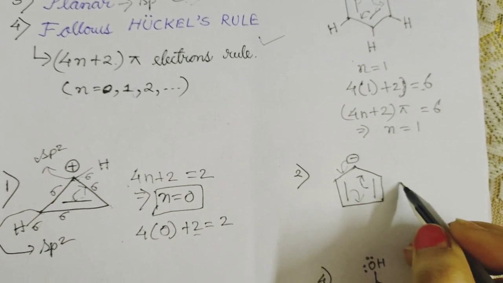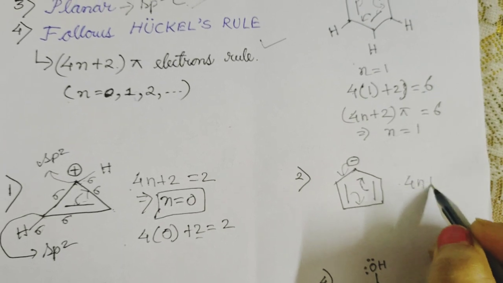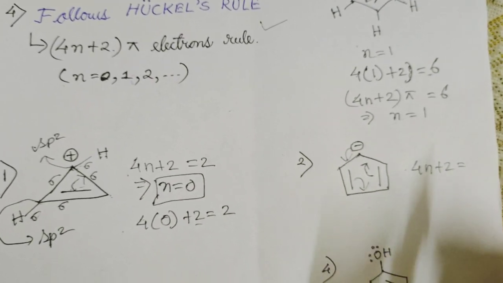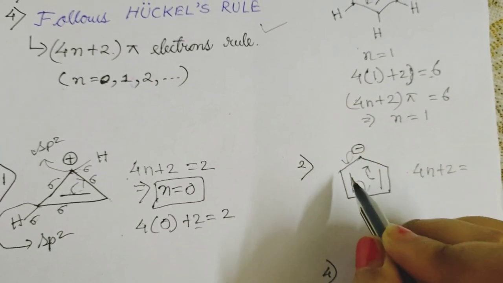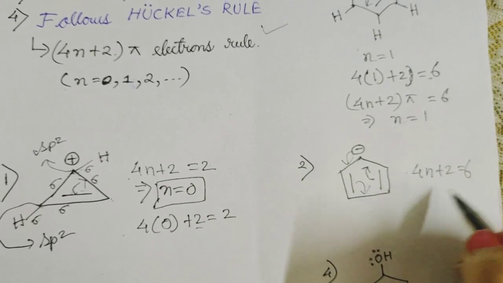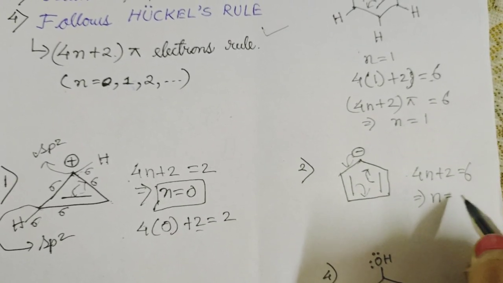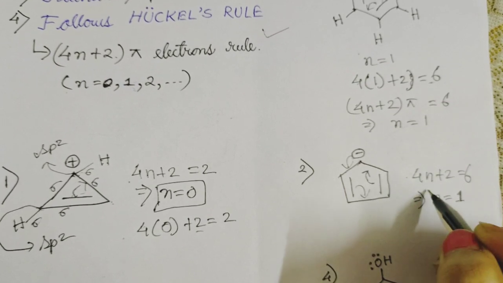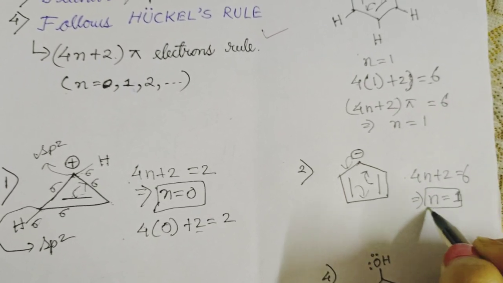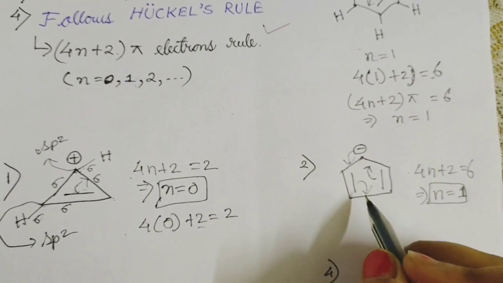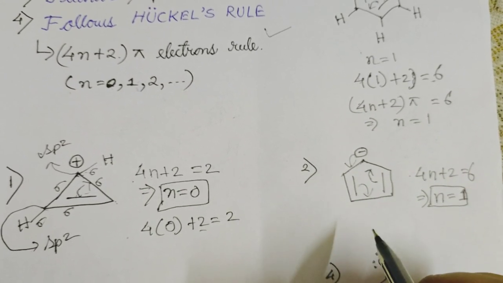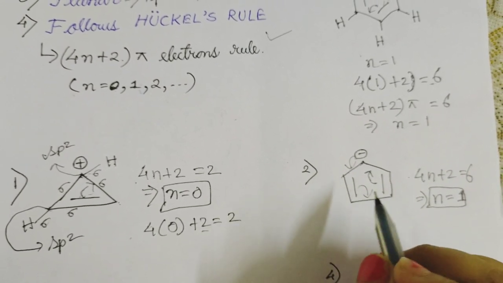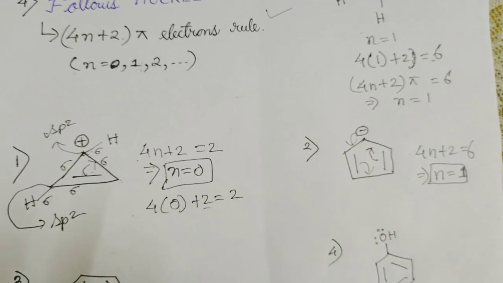Let's see, 4n plus 2 equals how many pi electrons? 1 2 3 4 5 6, 6 pi electrons. Then we would get n equals 1, that is an integer, a whole number. So this is following Huckel's rule. So this compound is aromatic.